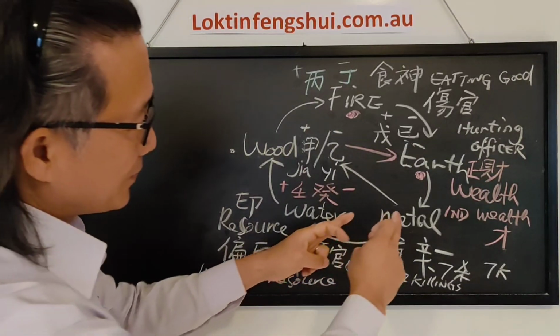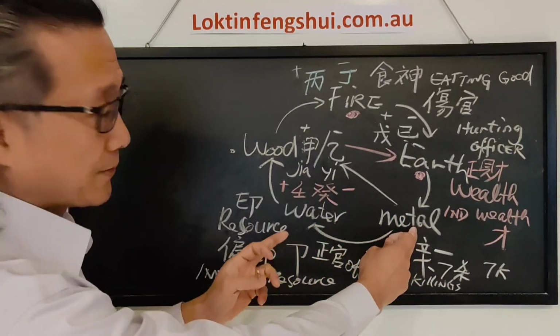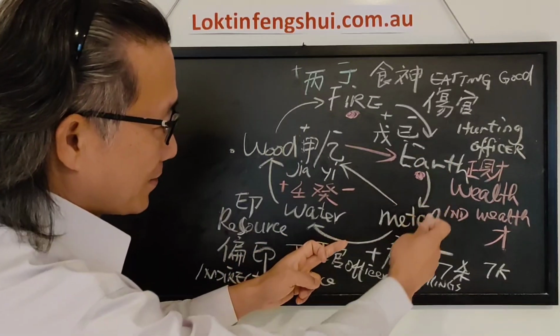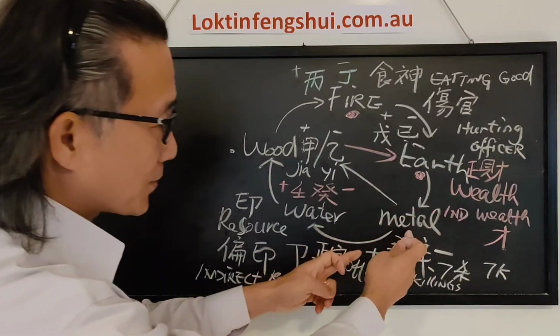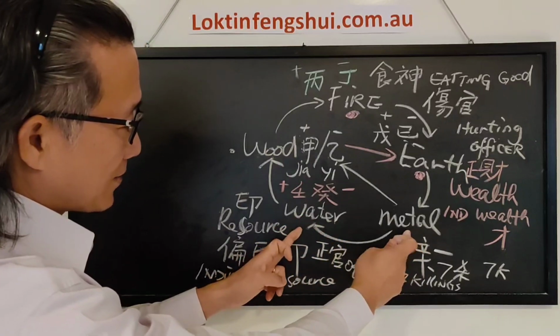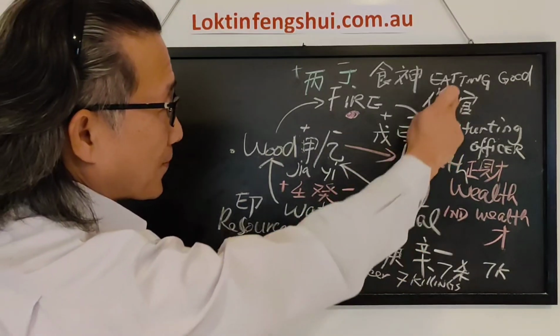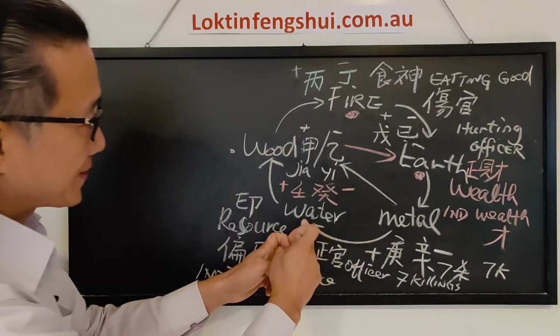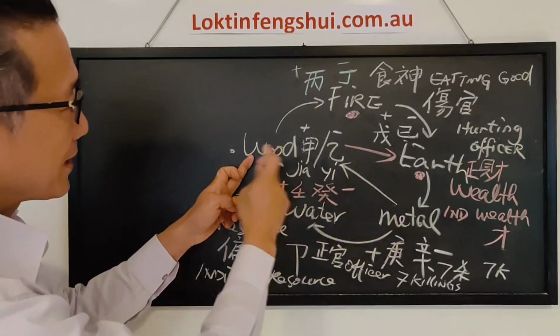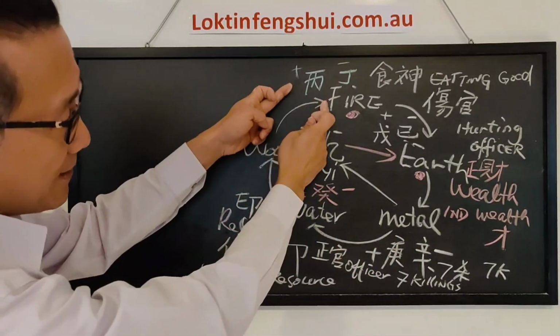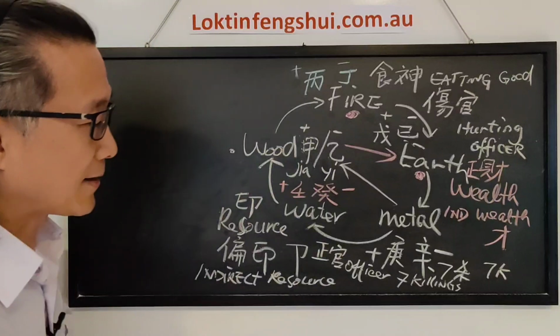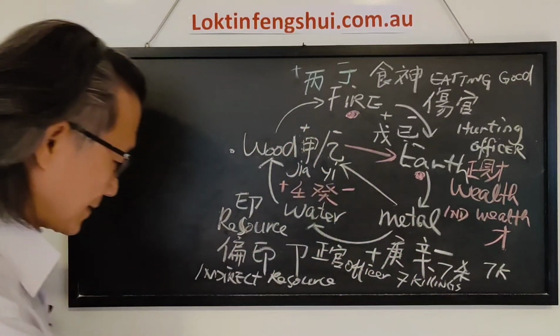If we stand from the metal point of view, the earth becomes the resources, water becomes the eating god or hurting officer, the wood becomes the wealth, and the fire becomes the officer or the 7 killings.